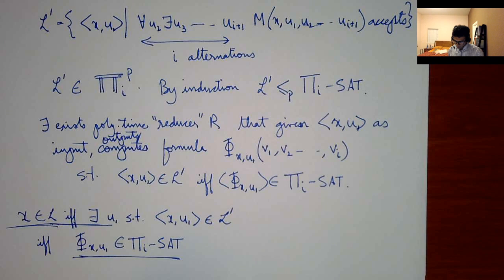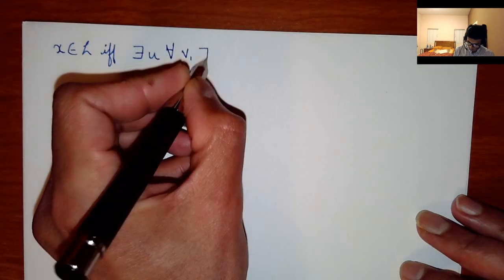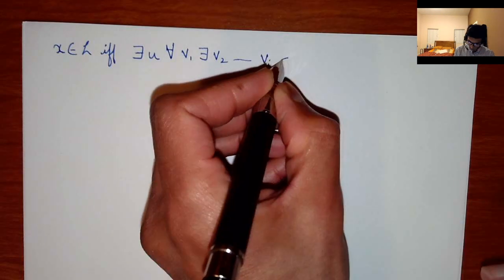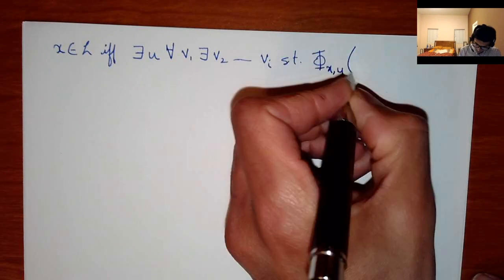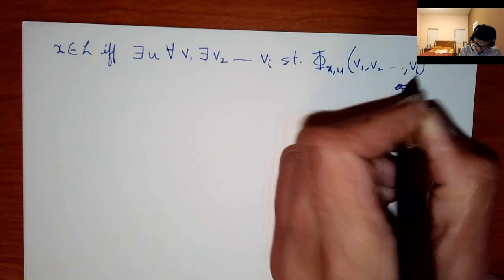Okay, so I'm going to write this out, and then ask me if this makes sense. So x is in L if and only if there exists a u such that for all v1 there exists v2 all the way up to vi such that phi x u of v1, v2 up to vi is true.